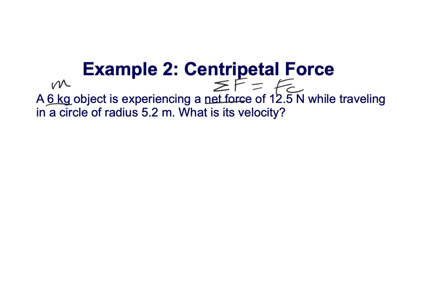Okay, so they gave me the mass. The net force, which is Fc, is 12.5. Here's the radius. What is this velocity? So Fc equals mv squared over r. Very straightforward. Let's solve it my way.